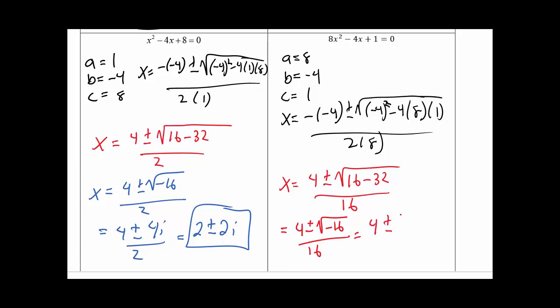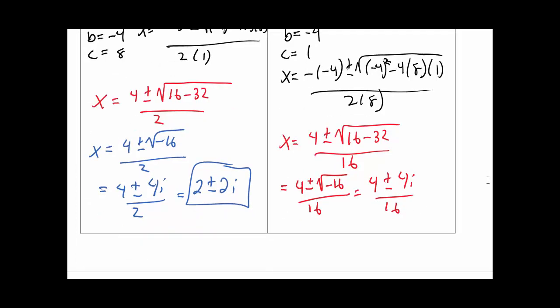So that's 4 plus or minus 4i. And at that point, the only thing we can do is reduce the fractions, or divide 16 out of both. So 4 goes into 16 4 times, so we get 1/4 plus or minus 1/4 i. And that's a perfectly fine answer.